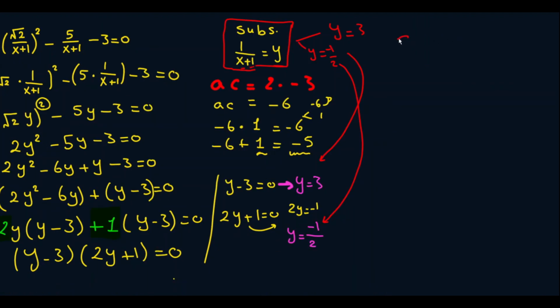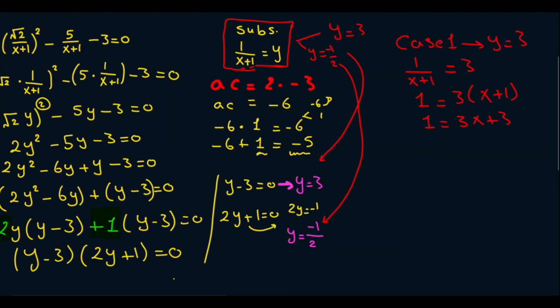So our first case will be when y was equal to 3. So we're gonna say 1 over x plus 1 is equal to 3. Now we can bring x plus 1 to the other side. So we're gonna have over here 1 is equal to 3 times x plus 1, which will give us 3x plus 3 is equal to 1.